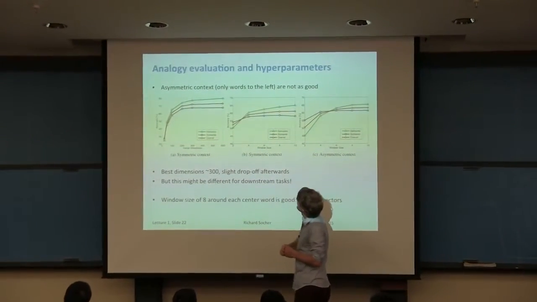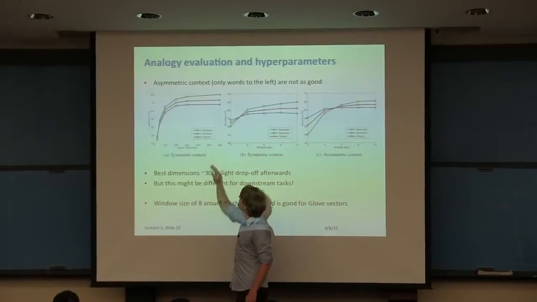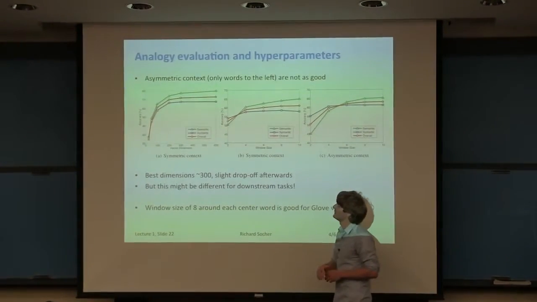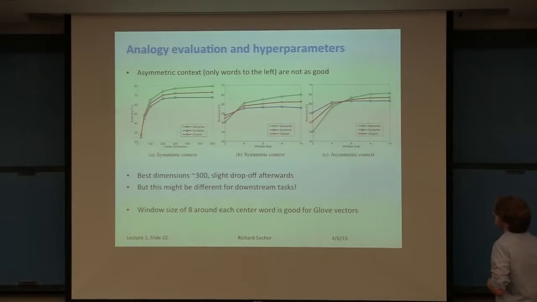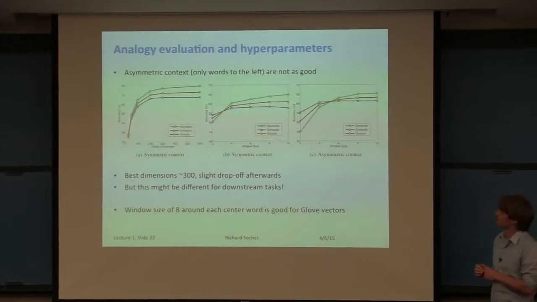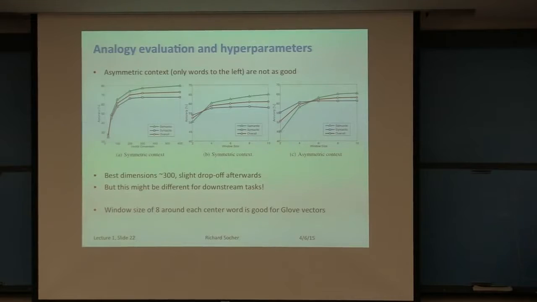And basically they look at syntactic accuracy, semantic accuracy, and the overall accuracy in this analogy task. And what we observe is that after 300 dimensions, the overall accuracy barely goes up further. But until then, it really improves significantly.